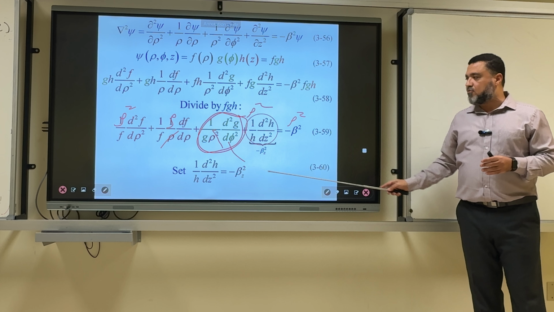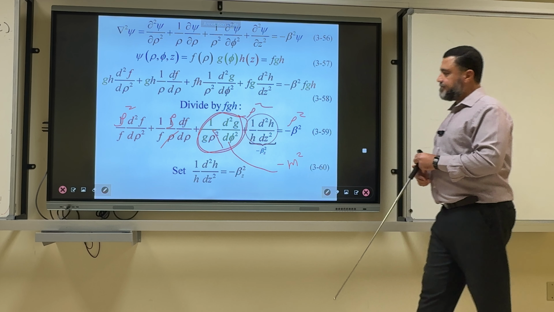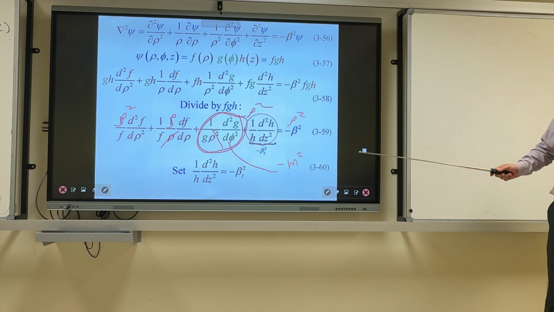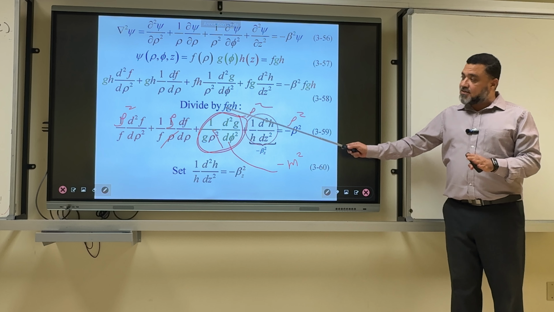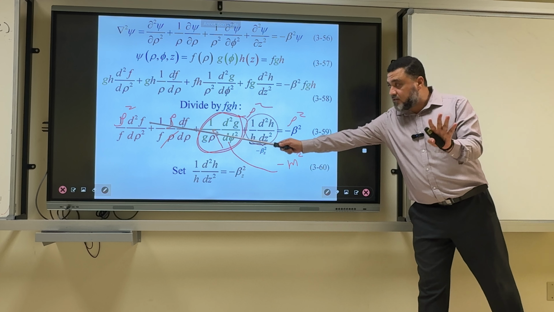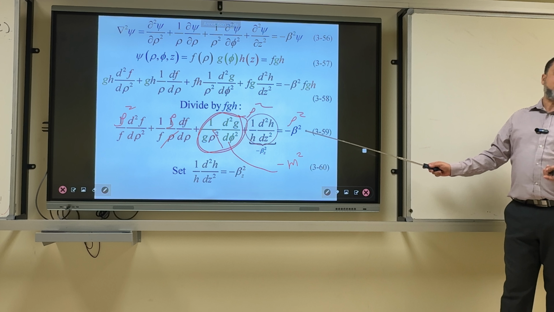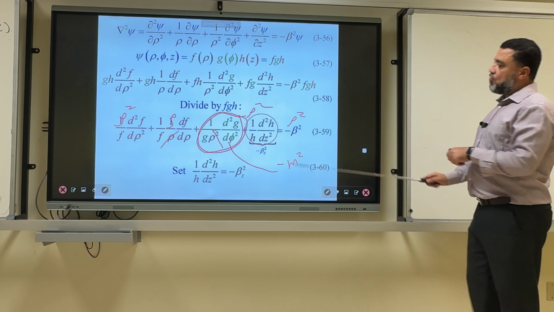So I can assume this to be constant, which is what we call minus m square. Any constant. The reason I can do this is because this term is function of a single independent variable, which is phi, and there is no other function of phi anywhere else in the equation. If I have phi anywhere else, this will not work.